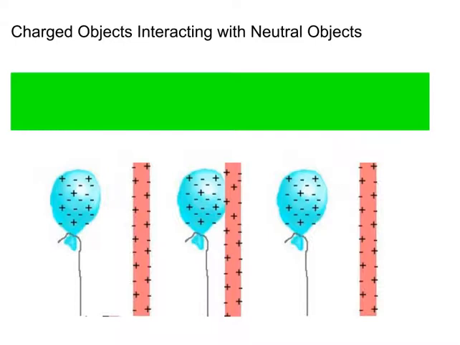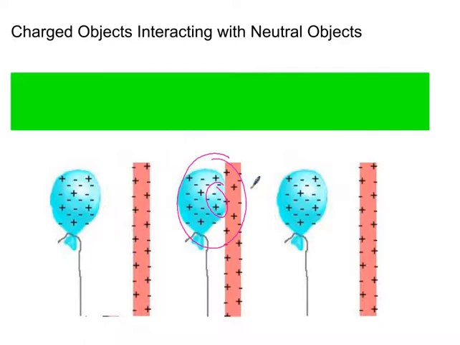So what happens is that charges can be induced. When I bring this balloon, which is mostly negatives, near the wall, which is evenly spread out, the fact that the balloon has negatives near the surface will induce the negatives near the surface of the wall to move away. Now this is exaggerated, because the negatives in the wall cannot move that far.